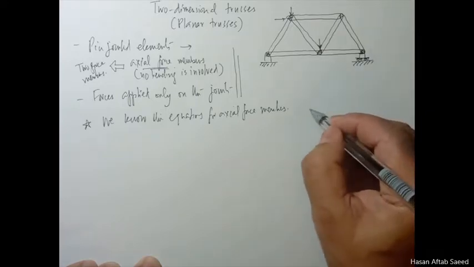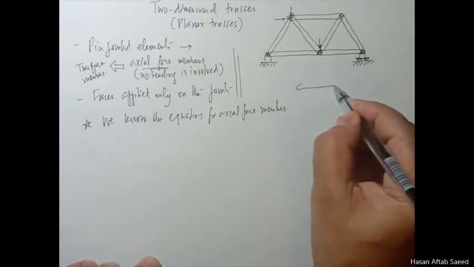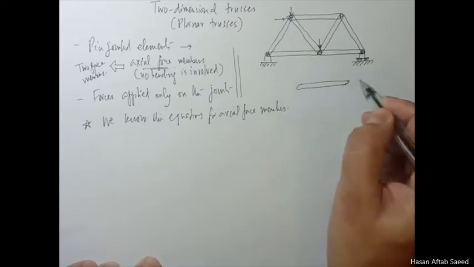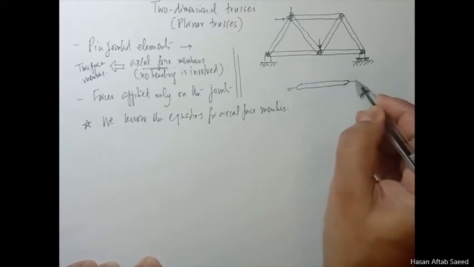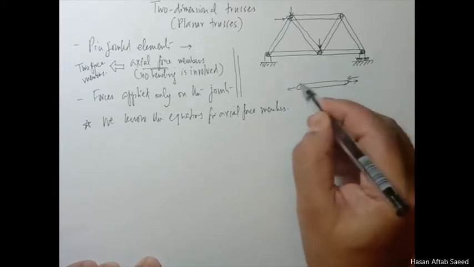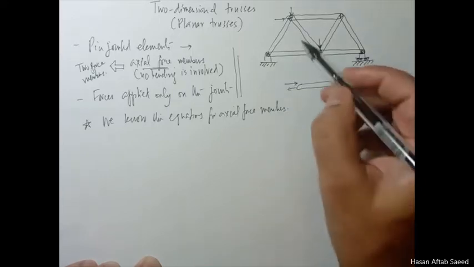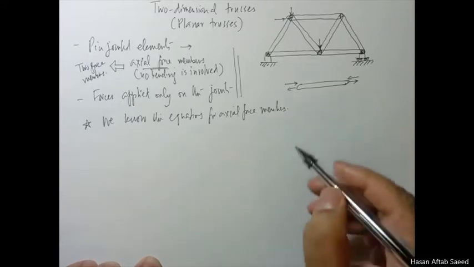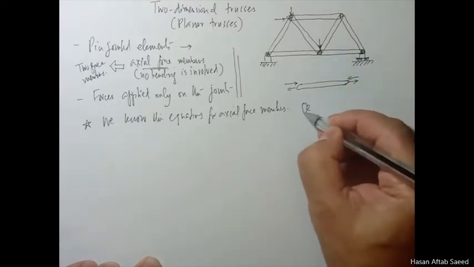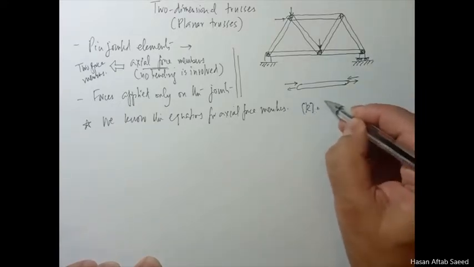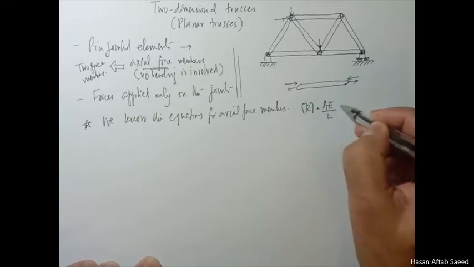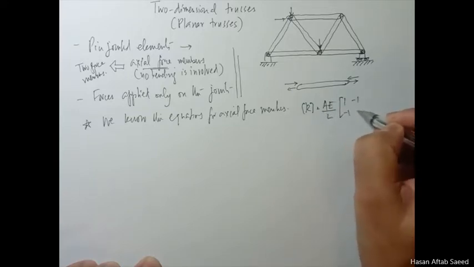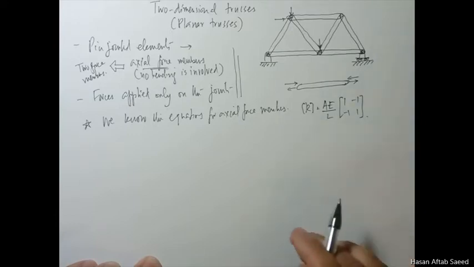For example, we know that any axial force member is subjected to this kind of force, either tension or compression. Then the K matrix for this, which should be very familiar by now, is nothing but this. So we have already got a start in these problems.